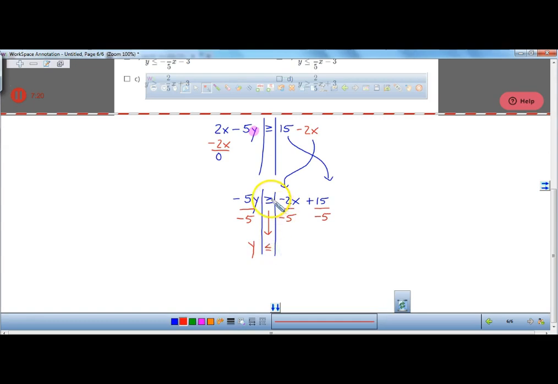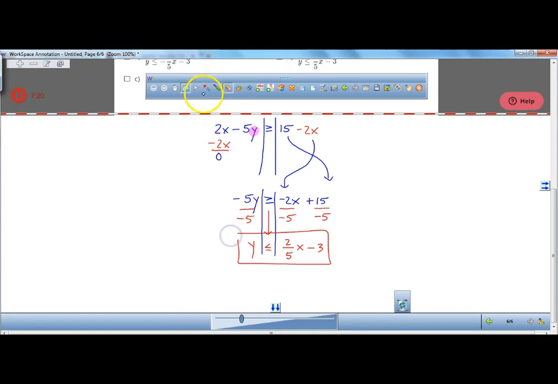So a greater than or equal to sign becomes a less than or equal to sign. A negative divided by a negative is a positive, and 15 divided by negative 5 is minus 3, and that's my final answer right there. And you're done.